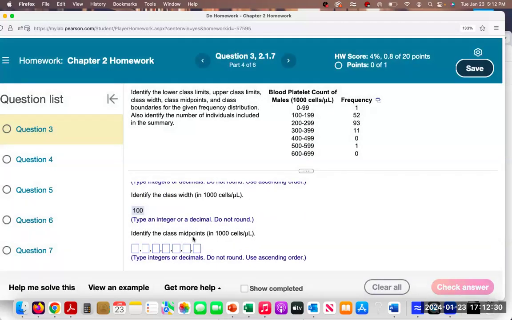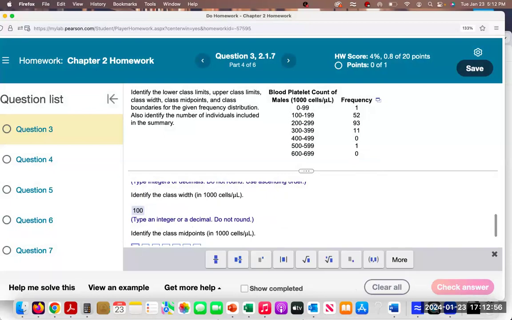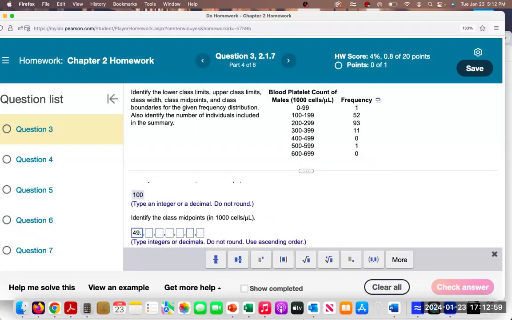Identify the class midpoints. The class midpoints are the values in the middle of each class. You can find the midpoint by adding the lower and upper limits and then taking the sum and dividing it by 2. So you can do 0 plus 99 and then divided by 2, which gives me 49.5.